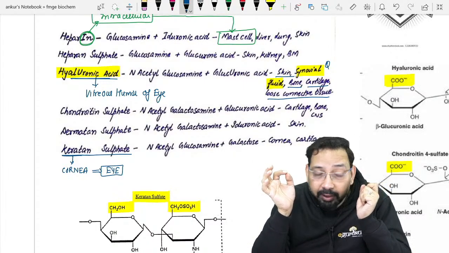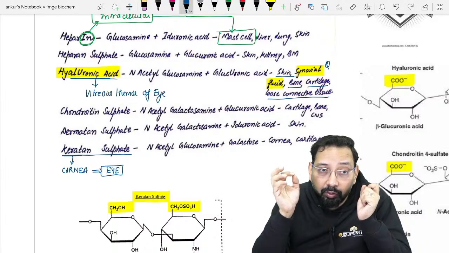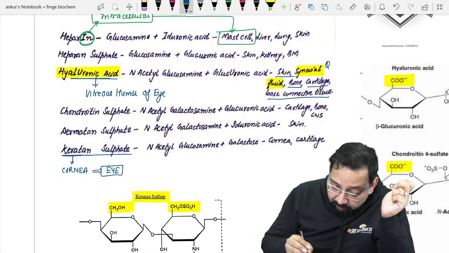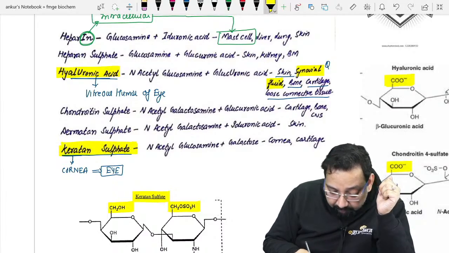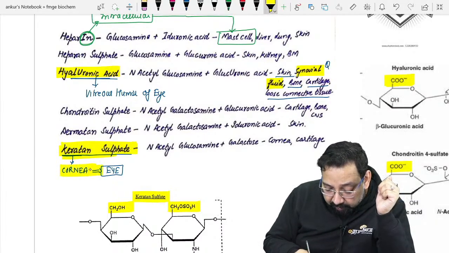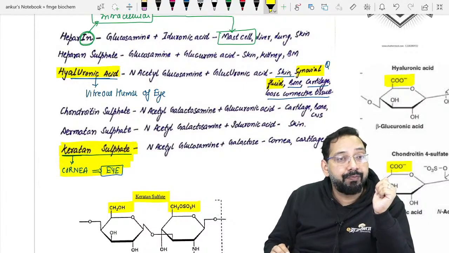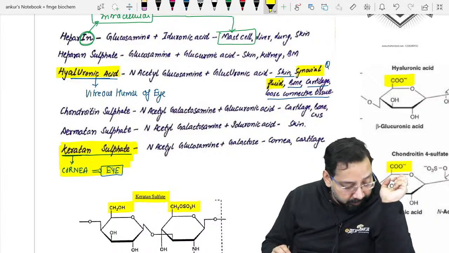It is transparent due to this keratan sulfate. A transparency question was asked recently, that corneal transparency is due to keratan sulfate.